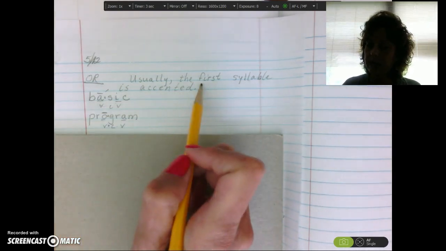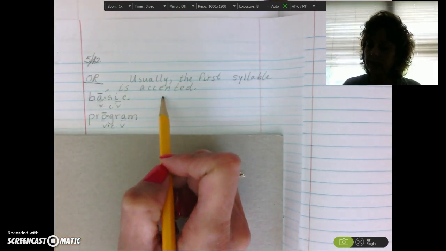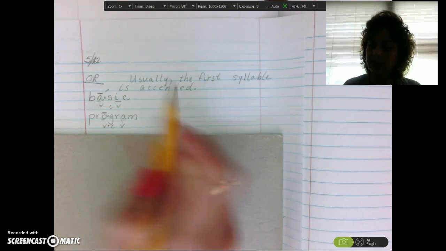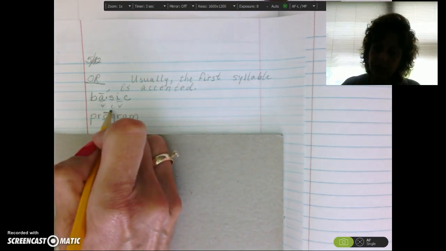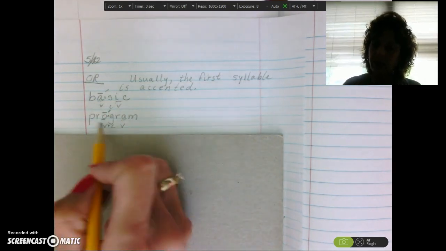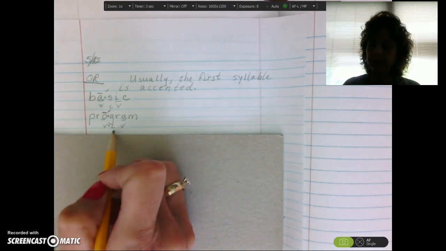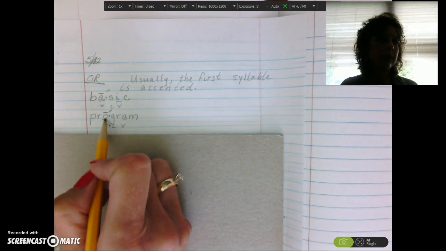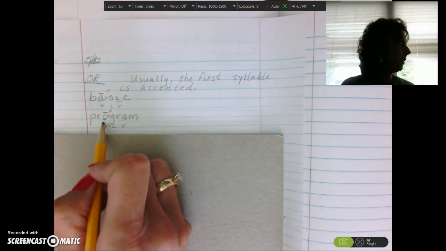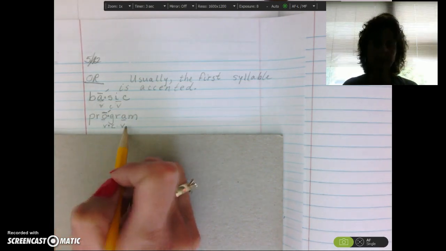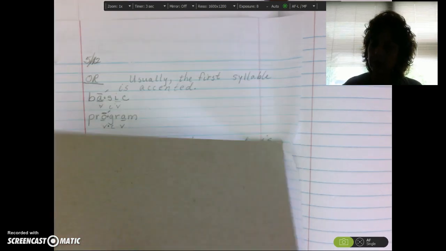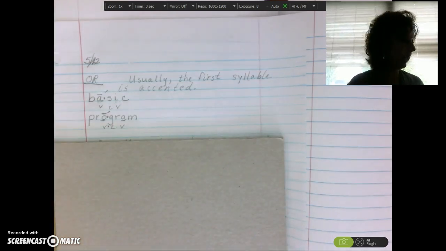We know that usually the first syllable is accented, so we'll put the accent symbol there. Program. Okay, so when we say the first syllable is accented, we say it a little bit stronger. Program.